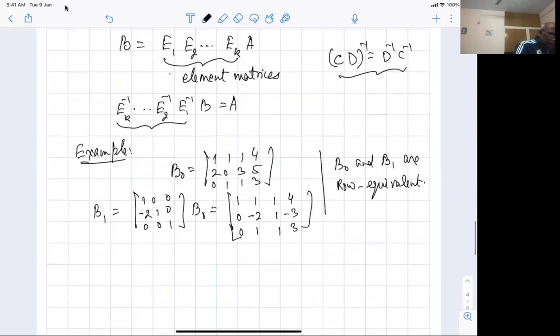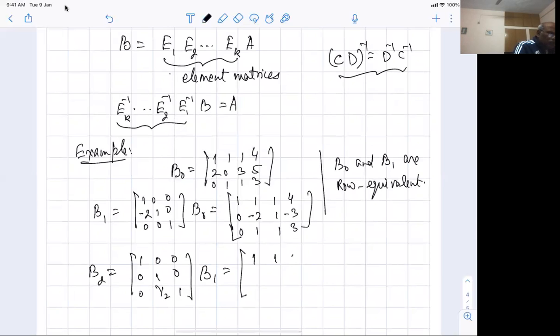Similarly, we had B2. I don't remember exactly what I wrote earlier, but I can take this matrix, 1 0 0, 0 1 0, 0 half 1, replacing the third row by something. Times B1, you can see that this is equal to 1 1 1 4, 0 minus 2 1 minus 3, 0 0 3 by 2 3 by 2.